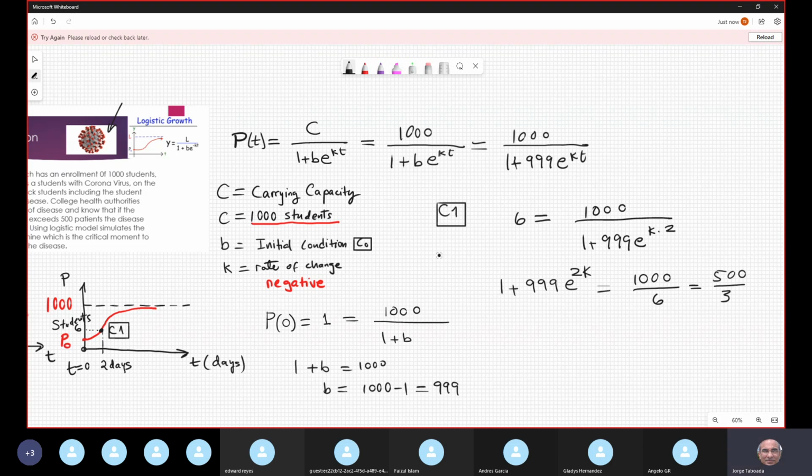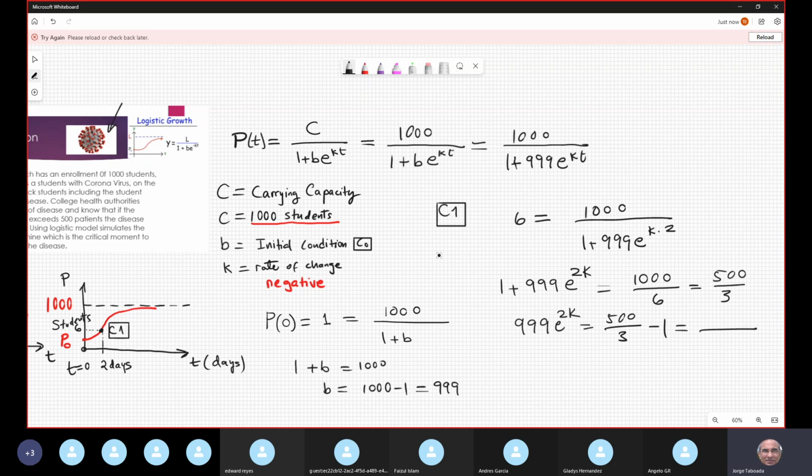Now I try to solve for k. This is an exponential equation, but I need to apply some algebra first of all. For example, I put 999 e to the 2k equals 500 over 3 minus 1. I move this 1 to the right-hand side, subtraction.